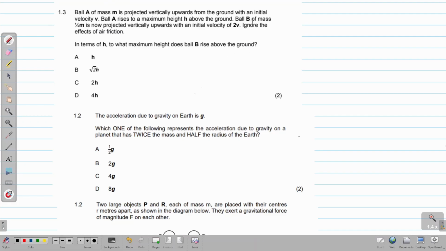Let me highlight that this is a projectile. The motion of these objects is independent of the mass, so we will ignore this information that ball B has half the mass of A. Then the equation that will help us to answer this question is the one that relates velocities and displacement.